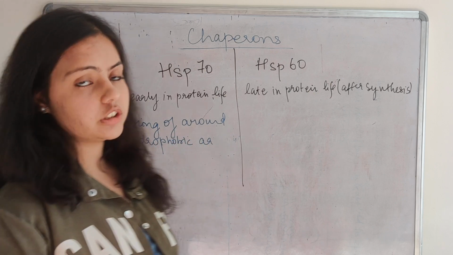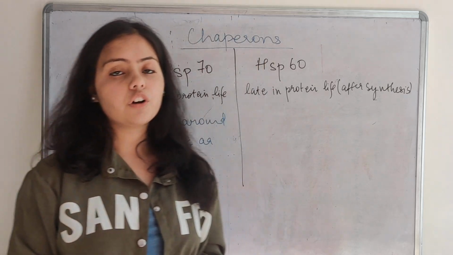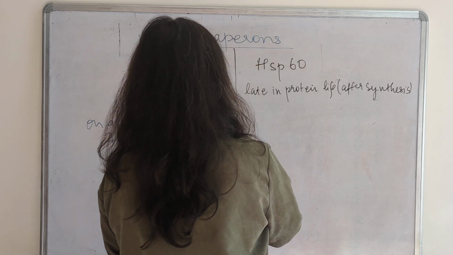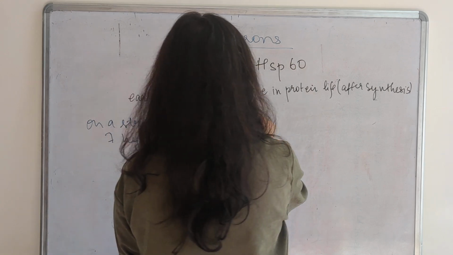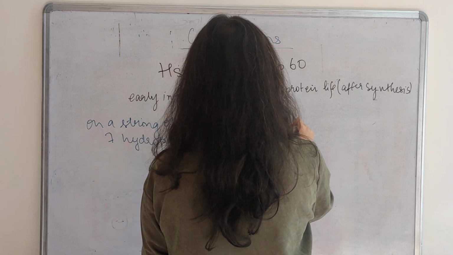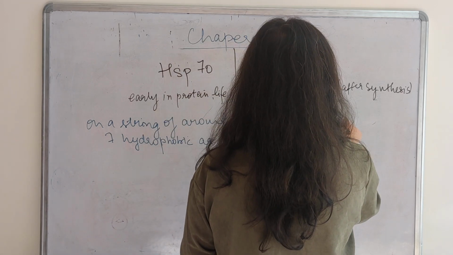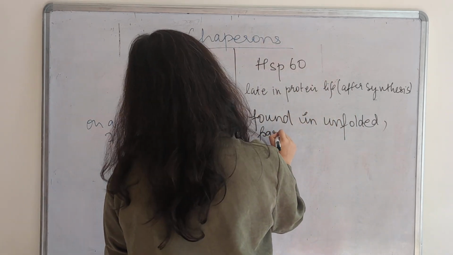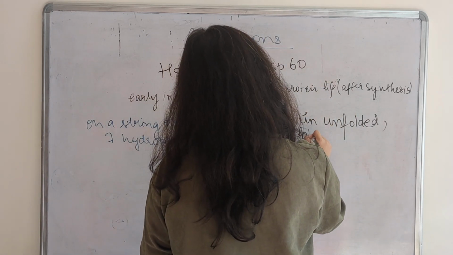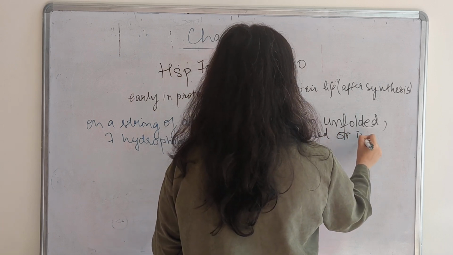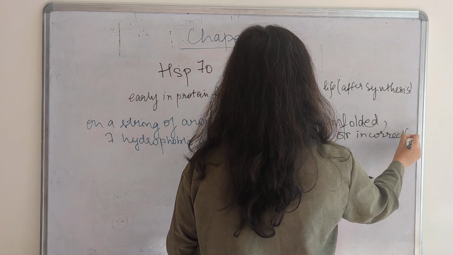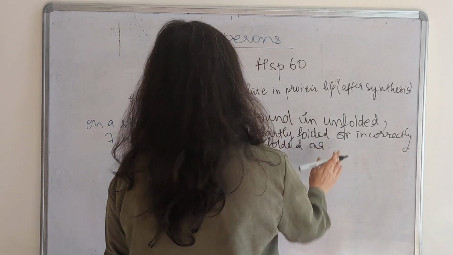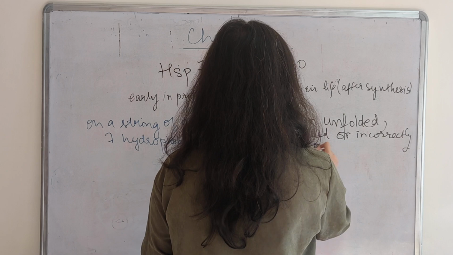And where is the HSP60 found? The HSP60 is found on unfolded, partially folded, or incorrectly folded proteins, not amino acids.